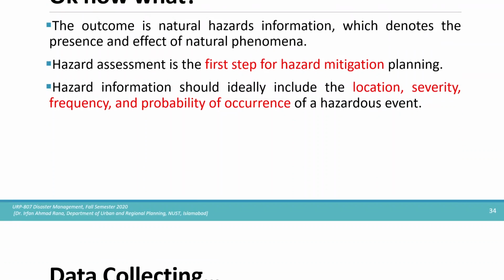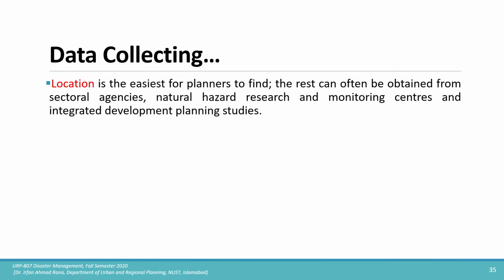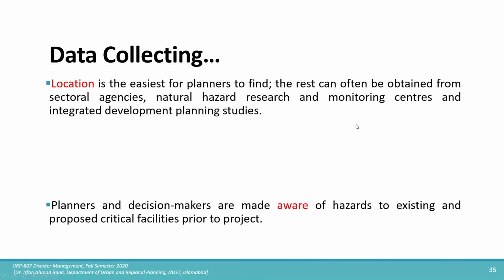So again, coming back to how we are going to be collecting that data. Location data can be easiest for the planners because of so many different remote sensing and GIS tools, and stations have been set up to collect data on a daily basis.